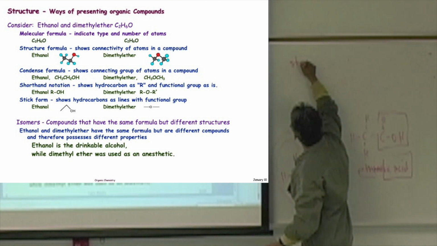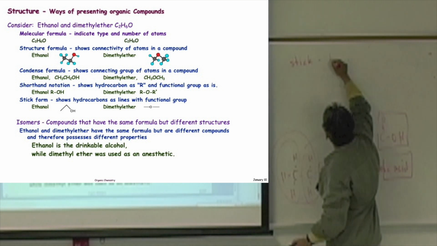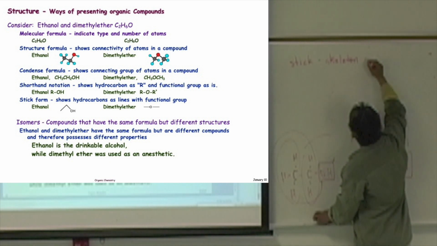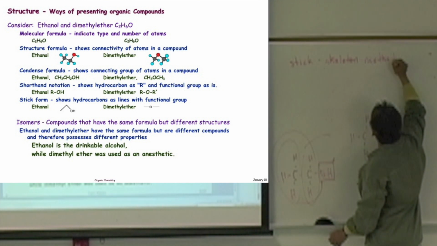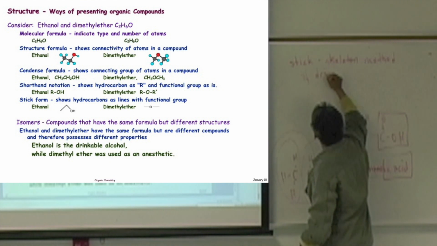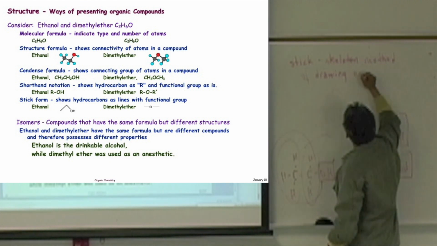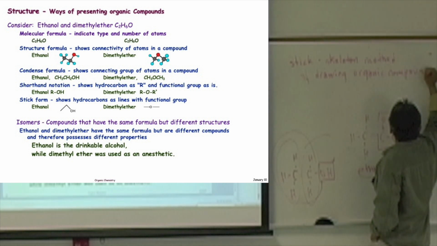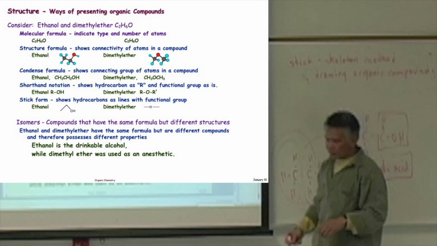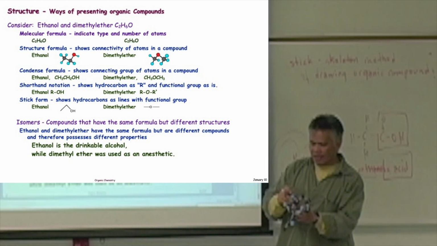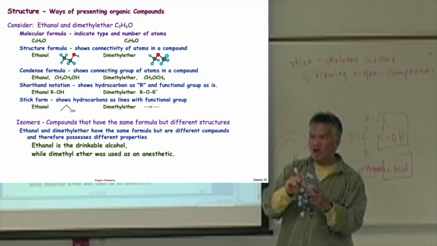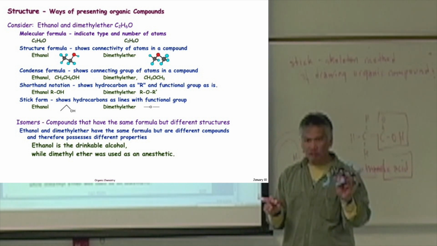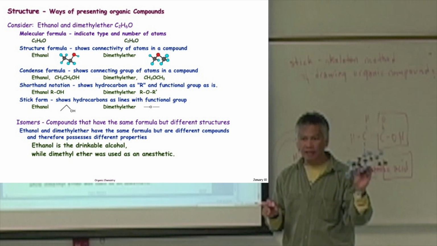Stick notation is a skeleton method of drawing organic compounds. Okay, something like this. If I had to do the structure with the hydrogens and everything, then it'll take me a while. Through the stick notation, I can probably do it in under 30 seconds.